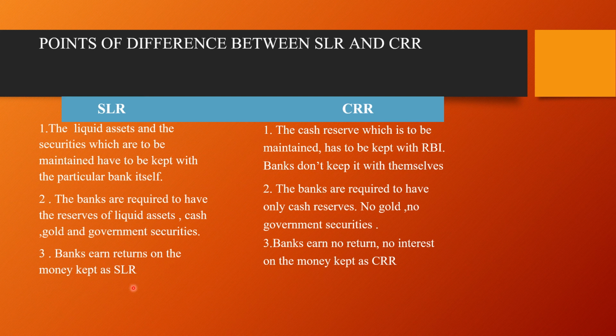You earn interest there. Here, banks earn no return, no interest on the money kept as CRR. Although the cash reserve ratio is to be deposited with the RBI, still RBI will not pay any rate of interest on the said amount. So in SLR, banks earn returns. Here they don't earn any interest or return on the cash reserve ratio.